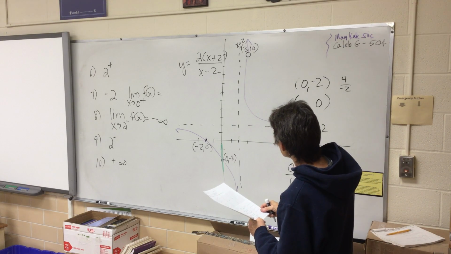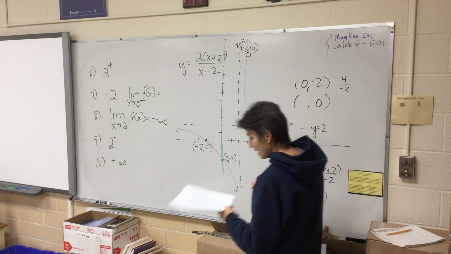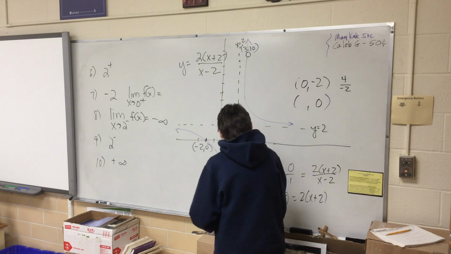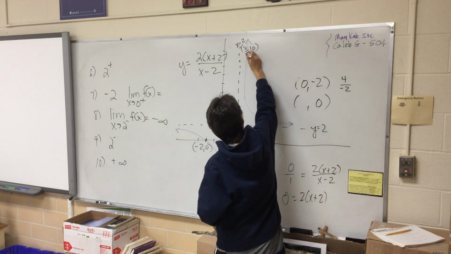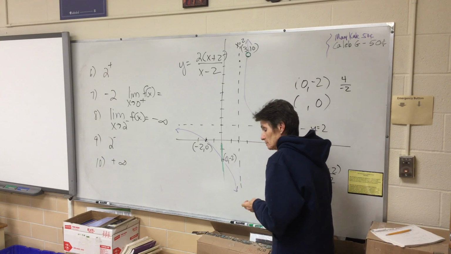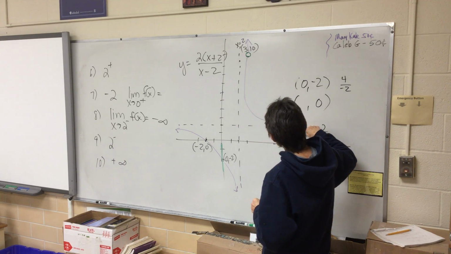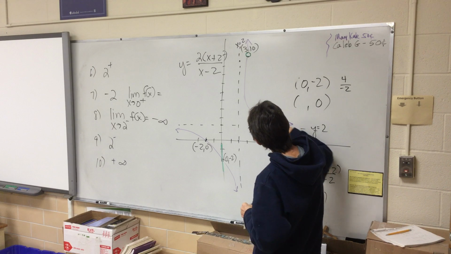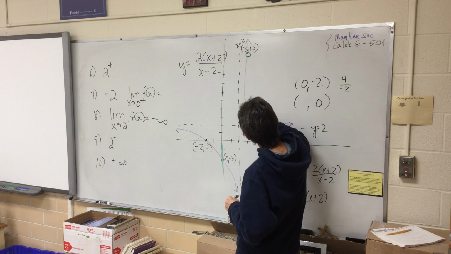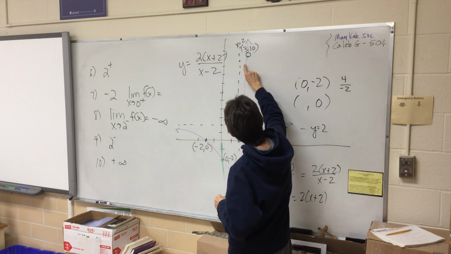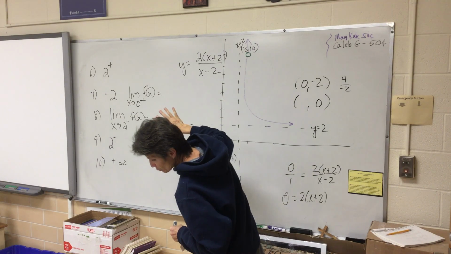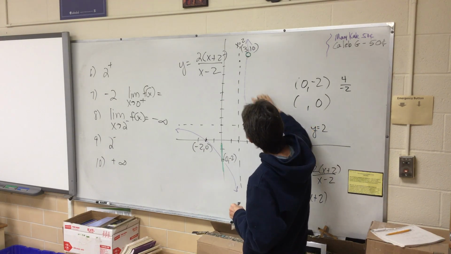All right, now 3. Now we're going to let x approach 3. Now, here's where x is 3, right here, right? As we get closer and closer to 3, oh wait, I'm sorry, I'm doing number 12, because I'm coming from the positive side.